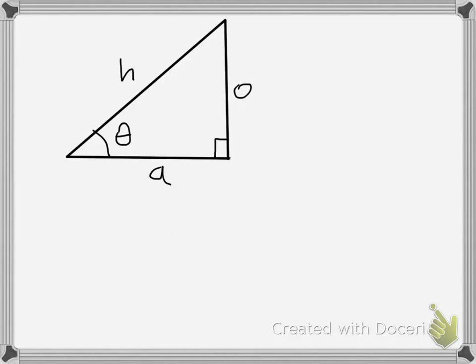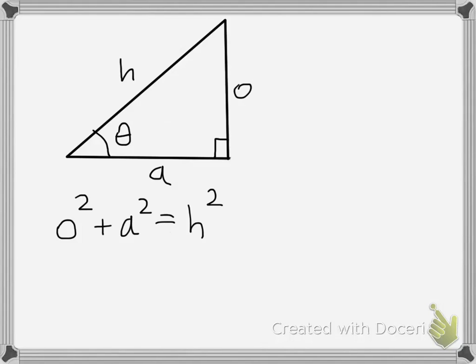The way these identities work is because of the Pythagorean theorem. So here's my right triangle, and we're going to use the Pythagorean theorem on it. This is the opposite side to the angle theta, and this is the adjacent side to the angle theta. Using the Pythagorean theorem, we can write O squared plus A squared equals H squared.